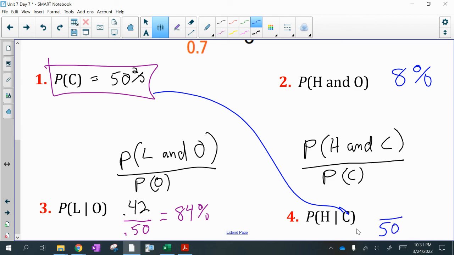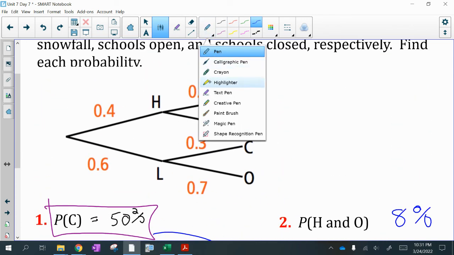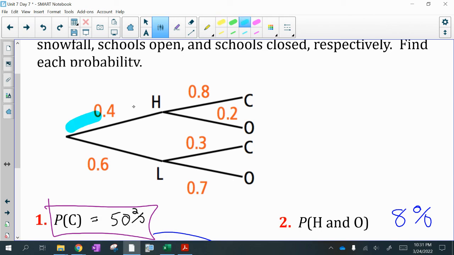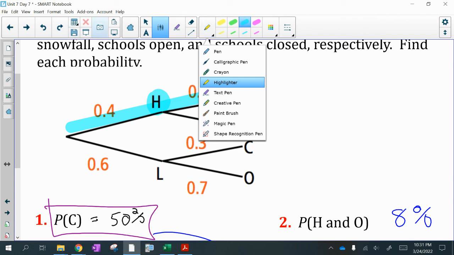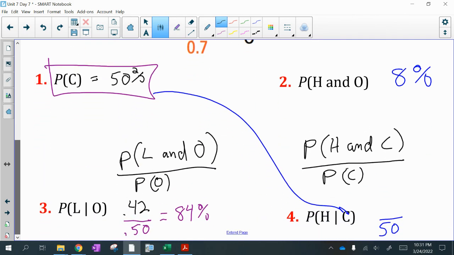And the probability of H and C, let's scroll back up, I need to follow along this path. That way I get both H and C. And so we're looking at 0.4 and 0.8, which is 0.32. And so what I end up with down here is 32 divided by 50, which is going to be 64%.